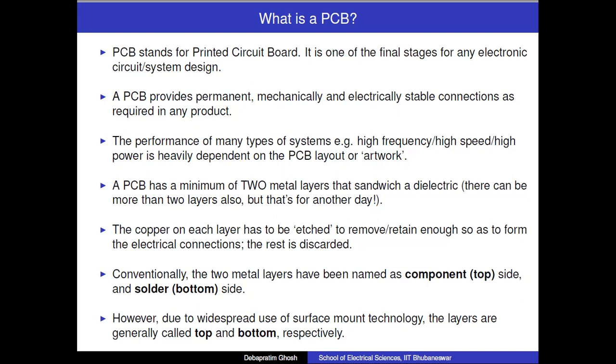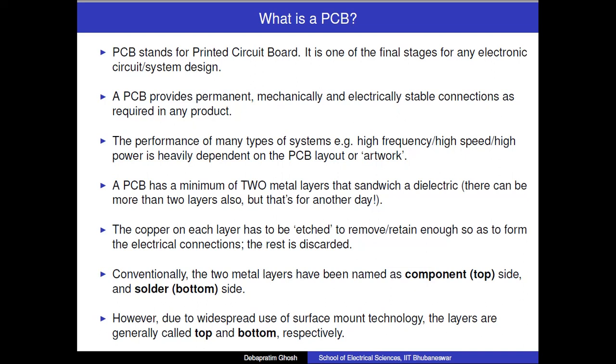So in those days, most of the resistors, capacitors, ICs which we would use were through hole components, as you know well by now. So for that, what would happen was that the mounting would be done from one side and the soldering would be done from the other side. So because all those component packages would have pins which would be mated through holes, and the soldering would be done through the other side where the hole and the pin would come into contact.